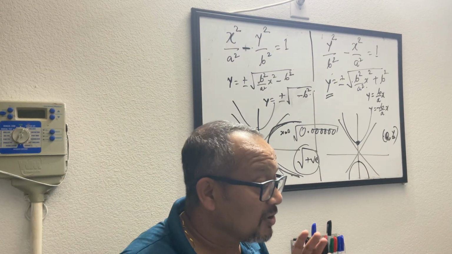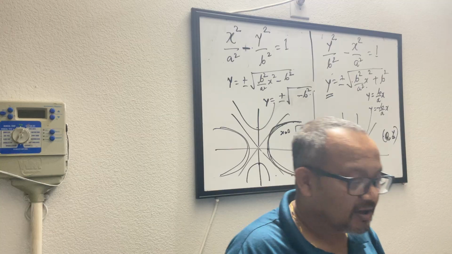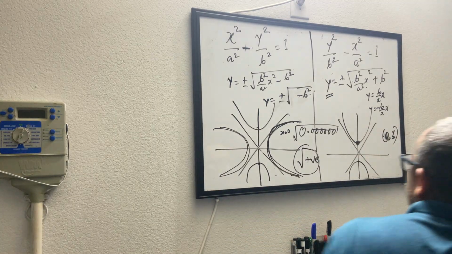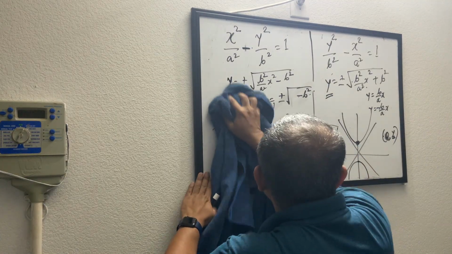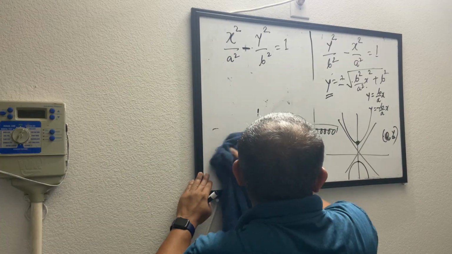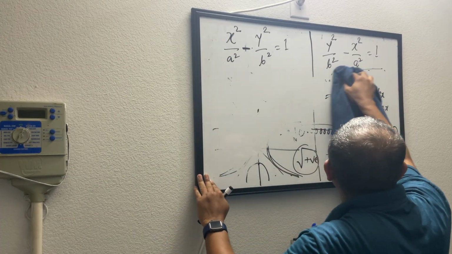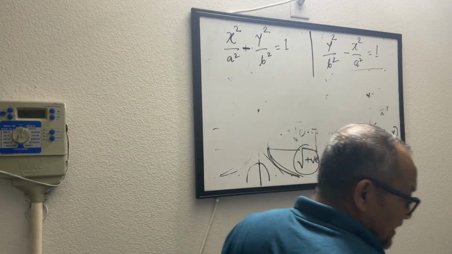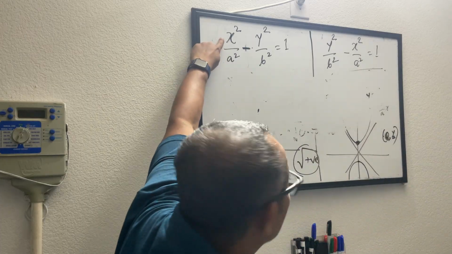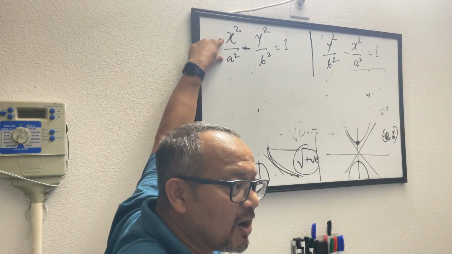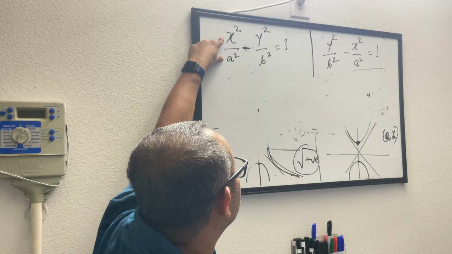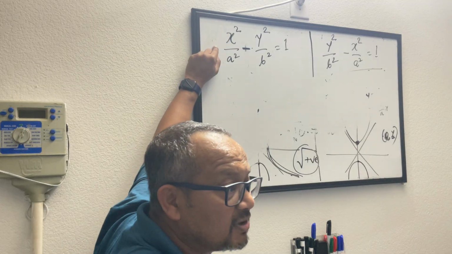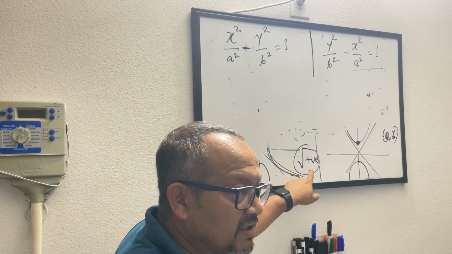So, now here's the conclusion from all that gymnastics we were doing so far. Look at this. What did we see? When the x part of the equation of the hyperbola has a positive value, it is aligned along the x-axis.